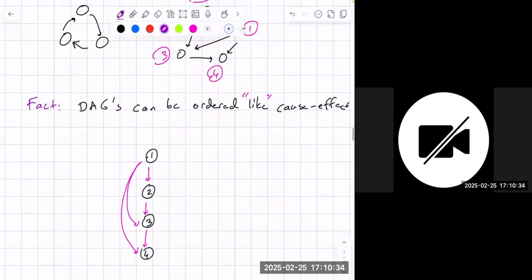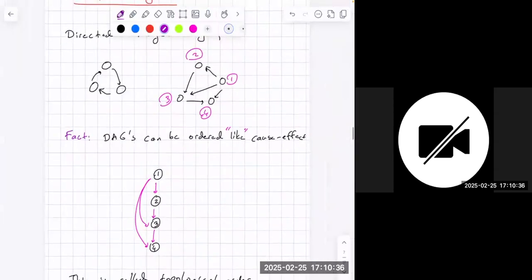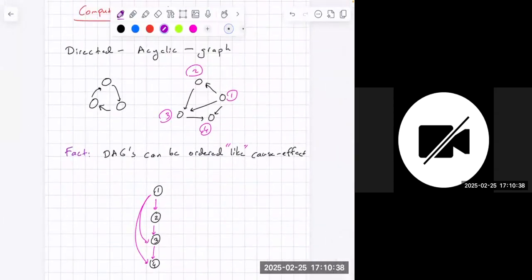What kind of ordering am I talking about? Something that would resemble cause and effect, but not really. So this graph you can order in the following way, where every node is affected by stuff before it, not after it. That's why it's mimicking cause and effect. Hopefully something you're going to do next year is not affecting what you're having now.